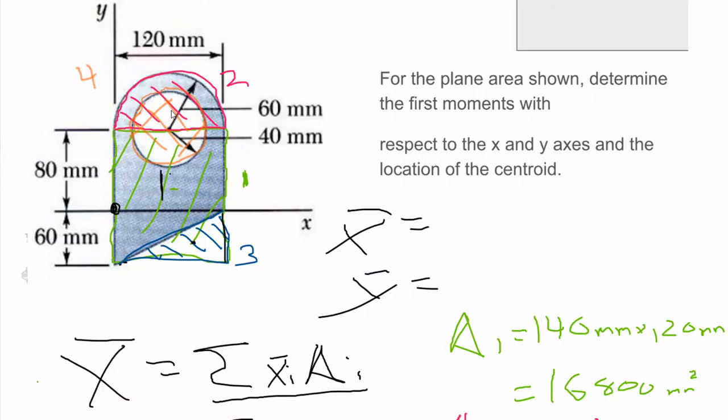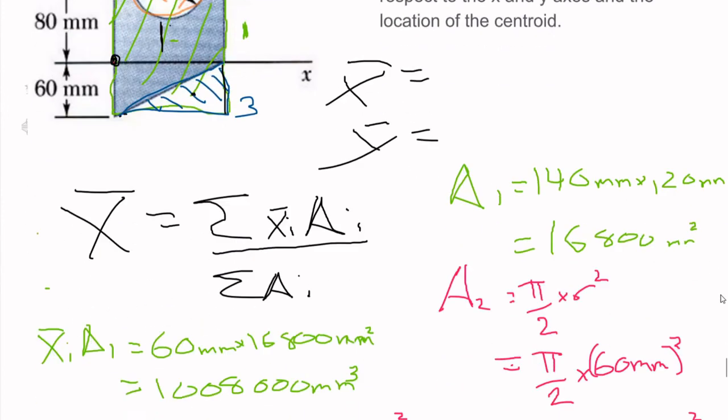Now the thing is, that's the distance from the centroid of this area to its base. So that's going to be from here to here. We also need to add to it 80 millimeters for the distance from where that base starts to the origin.